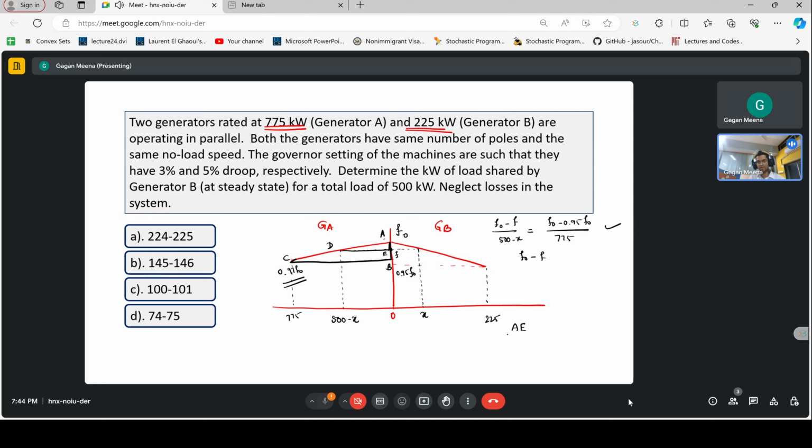We want to find out X. So this is 0.03 F naught, 0.05 F naught.